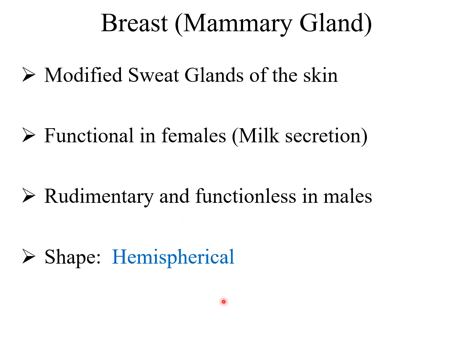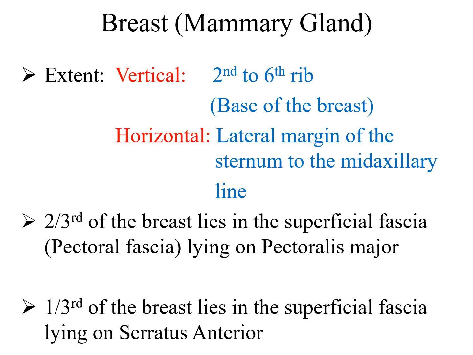The shape of the breast is hemispherical, that is half circle. If we talk about the extent of the breast, we have two extents, vertical and horizontal. So breast is a mobile structure, but the base of the breast is almost fixed in everyone, and its extension is from second to sixth rib, that is the vertical extent of the breast.